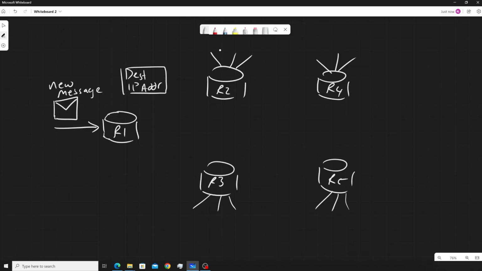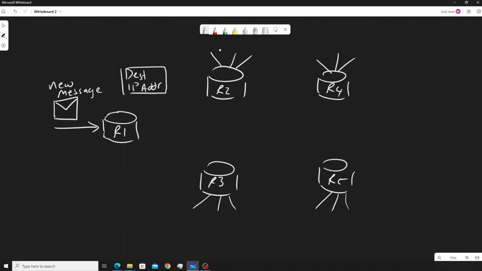And this will take n log n time. Do you see the issue here? The issue is that as soon as the message arrives, you have to add n log n time to it. So the router is doing work after the message arrives.